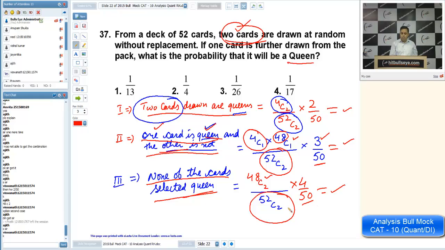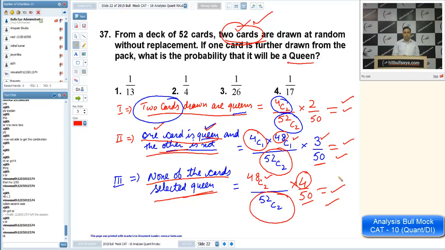Why 50? Because 2 cards have already been selected, so we are left with 50 cards, and out of these 50 we are left with 4 queens, so the probability will be 4 over 50. Now solve these 3 expressions and add them, and you will get the required value. Now you got it or not, Vishwanath? Okay, shall we move on?